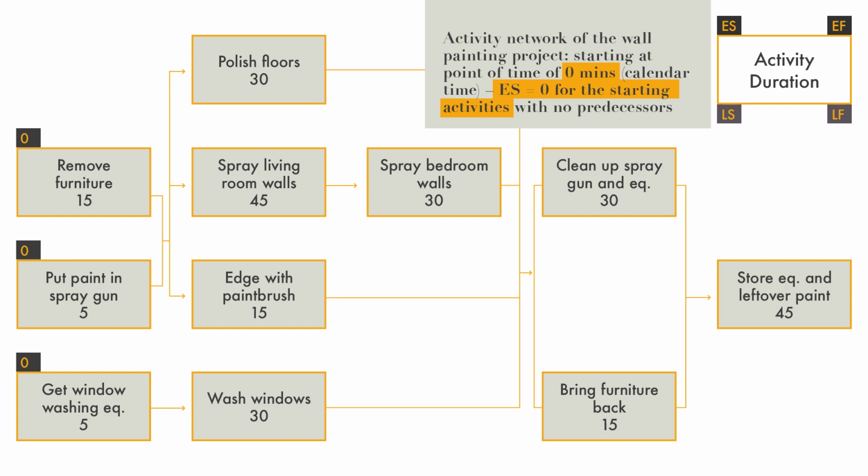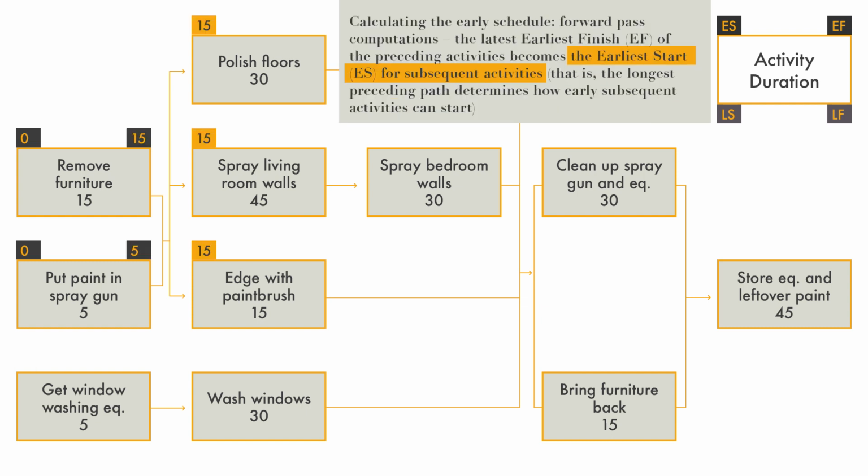Then we calculate the early schedule. And we do it by taking the early start, then adding the duration. For example, the remove furniture activity, 0 plus 15, then we get the earliest finish of that same activity, which is 15 minutes.